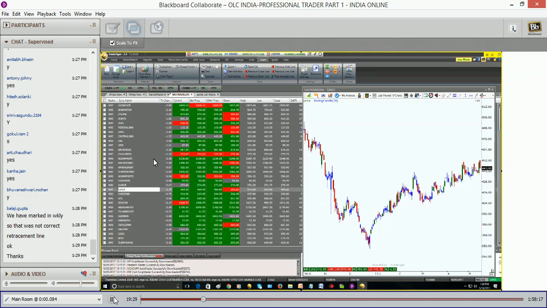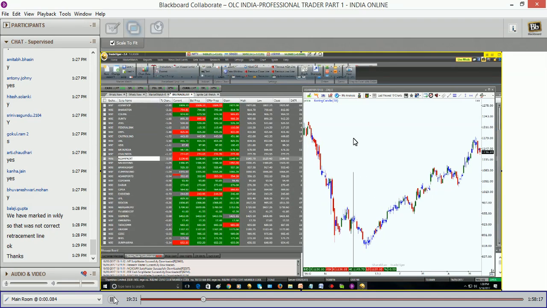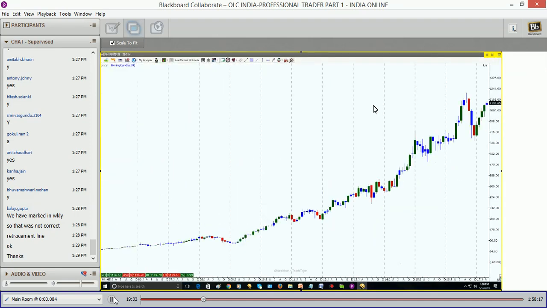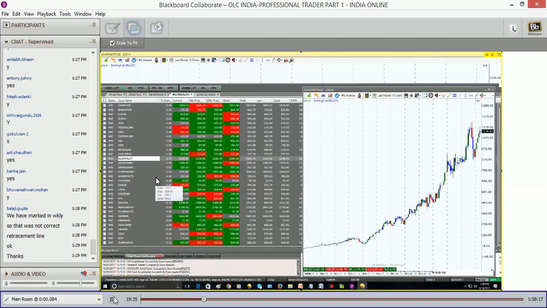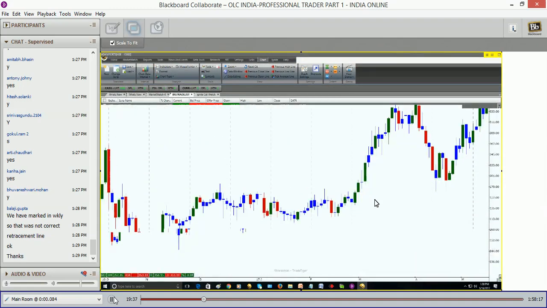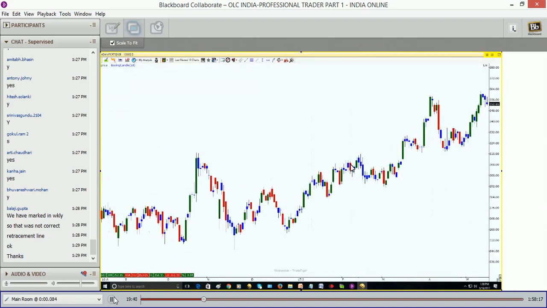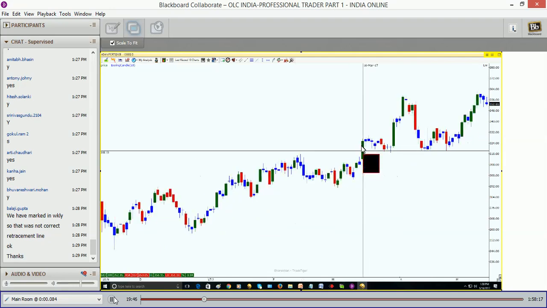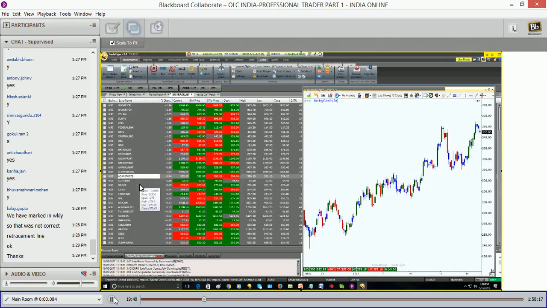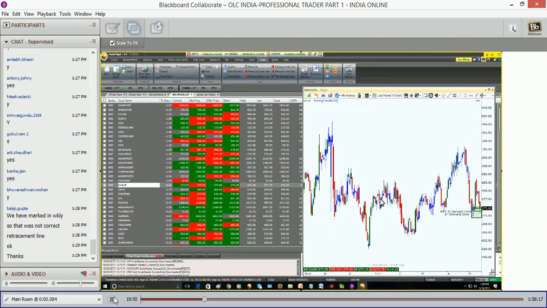Adani Ports has actually moved quite well from the level we had marked.